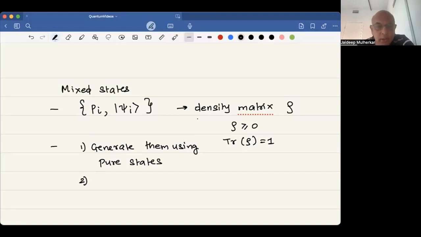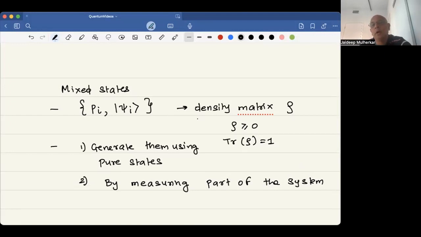The second way is, suppose you have a bipartite system, then you can measure one of the parts, and suppose the bipartite system is in an entangled state, then the remaining subsystem could be in a mixed state. So one way is to generate them using pure states, another is measuring a part of the system.